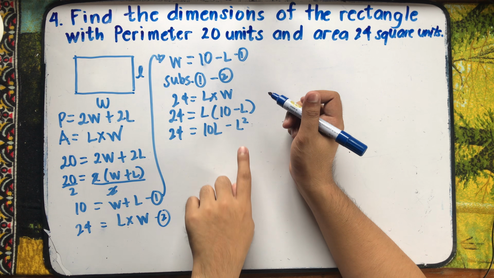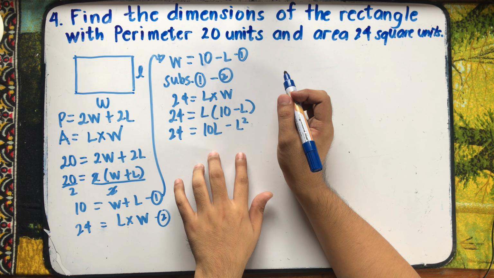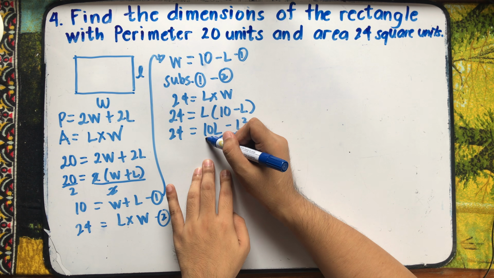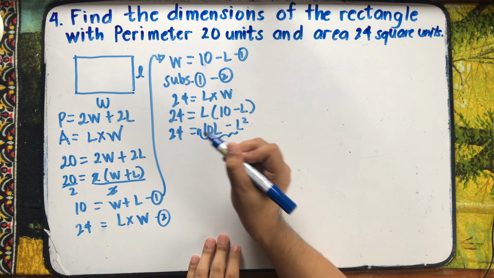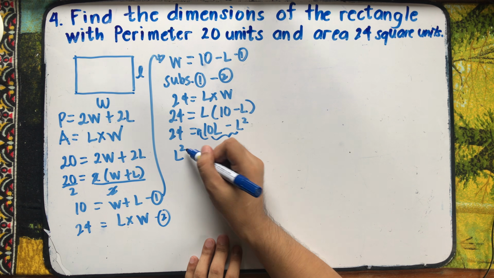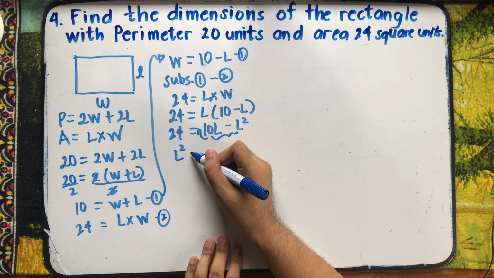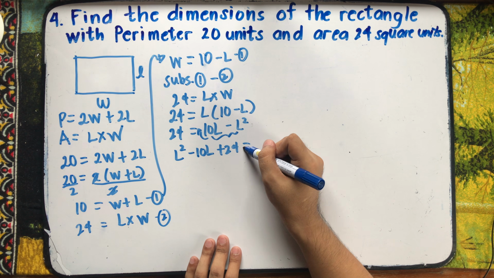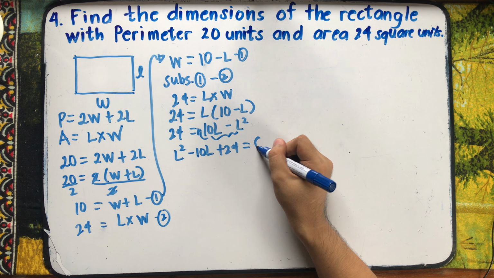So I will just transfer all these terms to the left side. Therefore this becomes positive L squared, negative 10L plus 24 is equal to 0.